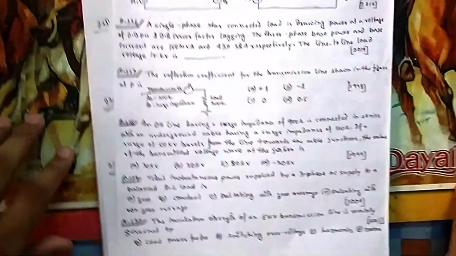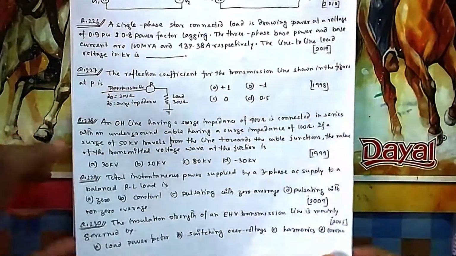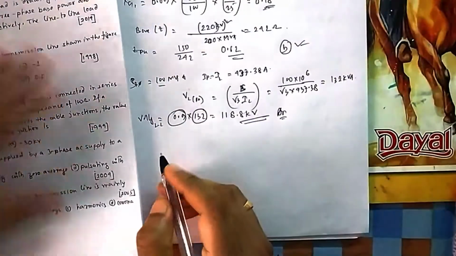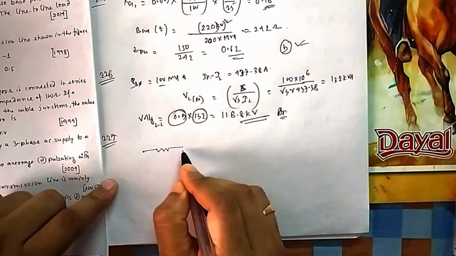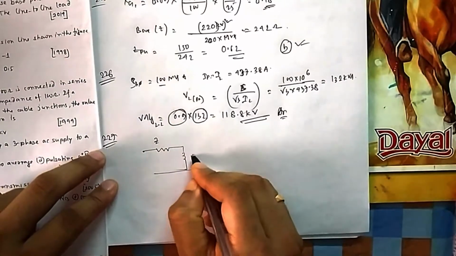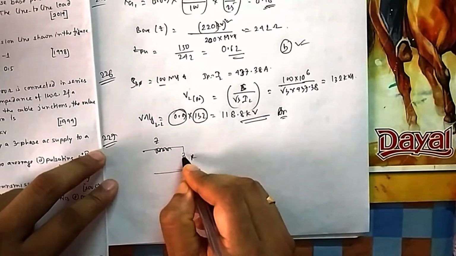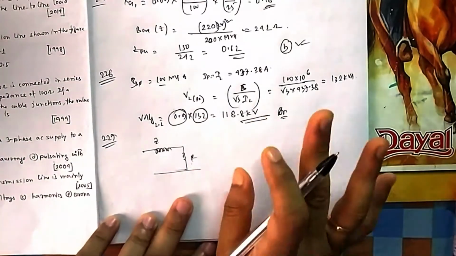Now if you see 227, the reflection coefficient of a transmission line is shown in the figure. I will give you one formula; I think you know all these reflection and refraction coefficients. Suppose this is your line with impedance Z, and it is terminated in another resistance R. It can be reactors also or anything.